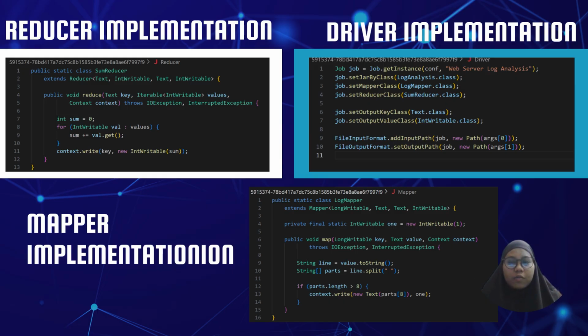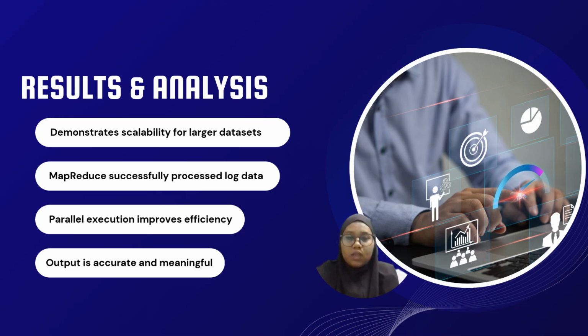The mapper extracts the HTTP status code from each log entry and outputs a count of 1. The reducer sums all counts for each status code to produce the final frequency. The driver sets up and runs the MapReduce job on the Hadoop cluster. The output shows the HTTP status code 200 appears most often, followed by 302 and 404.